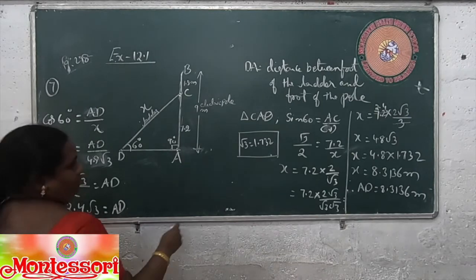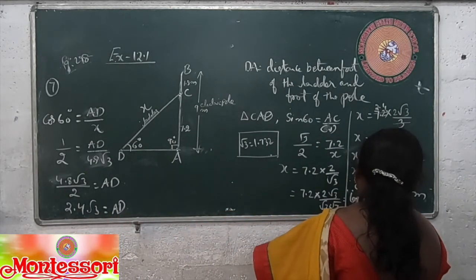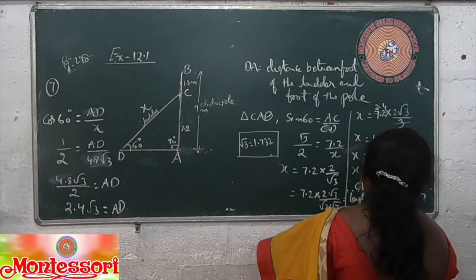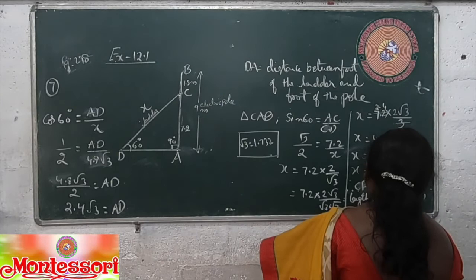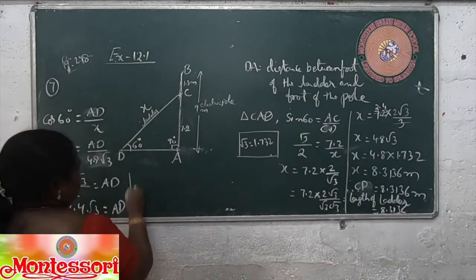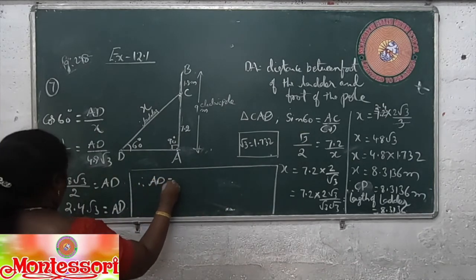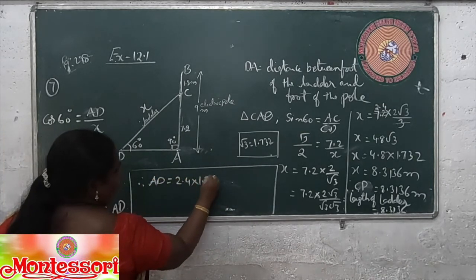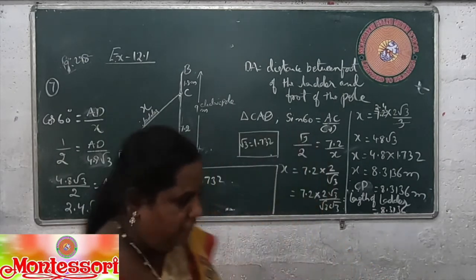So this is the length of the ladder. Length of ladder is equal to 8.3136. Finally, the distance between the feet is 2.4 into 1.732. The answer is 4.1468.